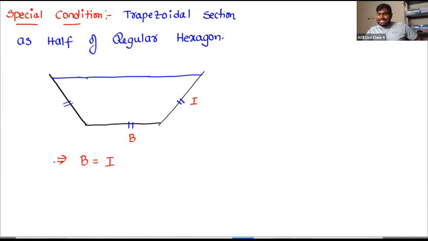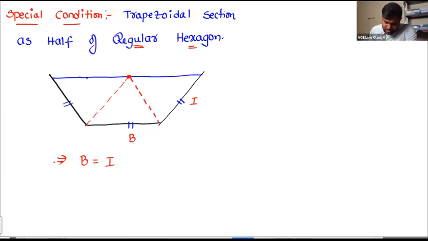Okay, fine. In the case of the special condition, the trapezoidal section is a half of a regular hexagon. In a regular hexagon, all the sides are the same, and you can divide the hexagon into 6 equilateral triangles. If this is a half of a regular hexagon, you can divide it into three equilateral triangles. What is the meaning of an equilateral triangle? All the sides are going to be the same.